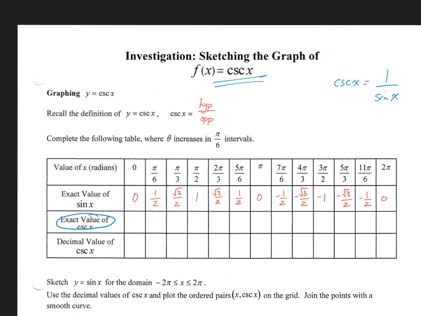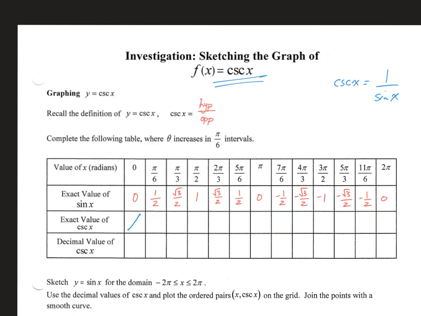So we would see that the reciprocal of 0 would be 1 over 0, and we know that's going to cause a problem. When I calculate 1 divided by 0, I'm going to get an undefined value. So I'm just going to put a little slash there, just as we did when we introduced our tan curve. We know it's undefined.